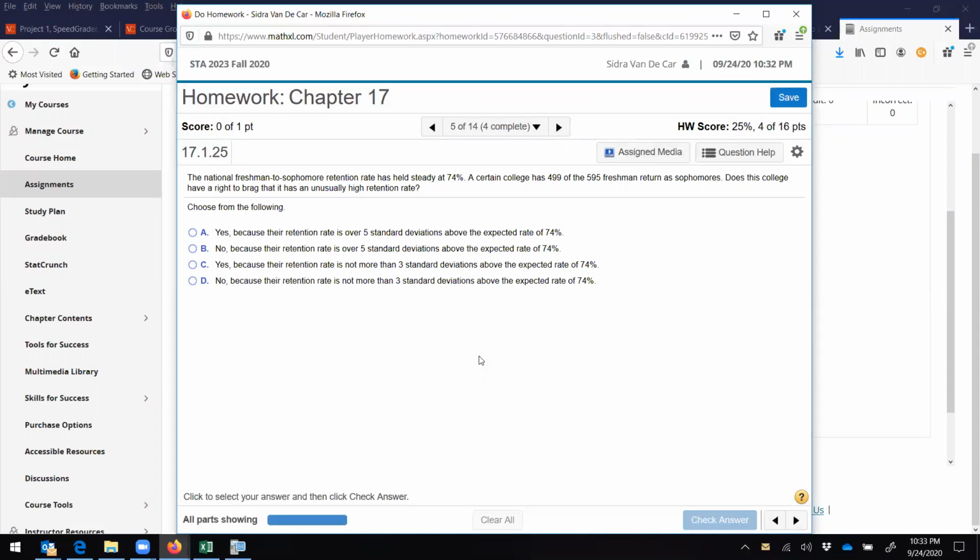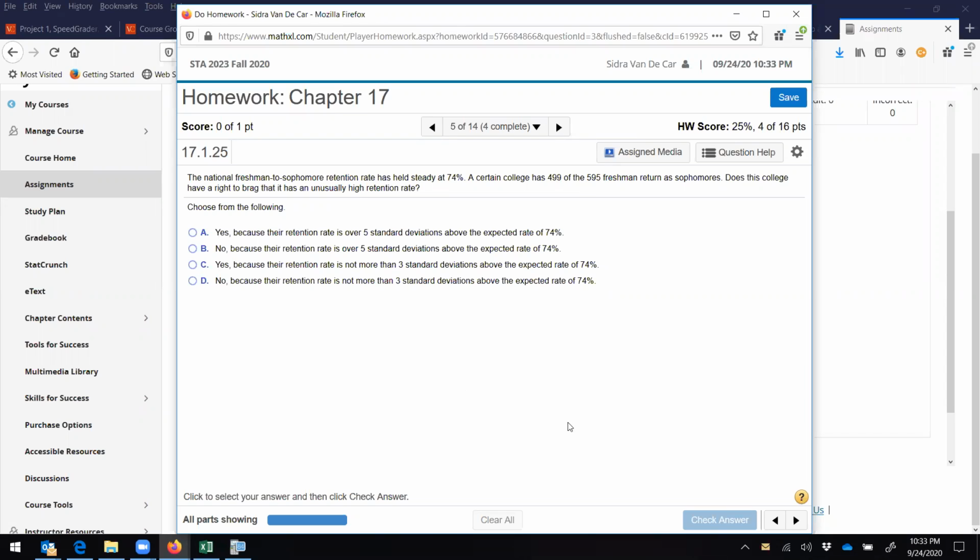All right, so same thing, 74%. A certain college has 499 of the 595 freshmen return as sophomores. Does this college have an unusually high retention rate? Okay, so here's what we're saying.